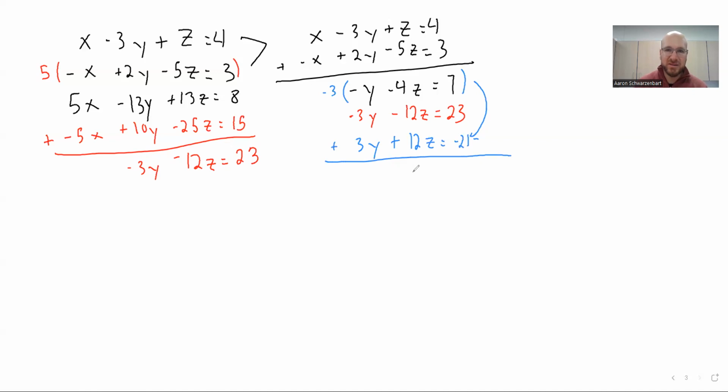When I add these together, I get 0 on the left side and 2 on the right side. This is not true. Anytime I'm doing elimination or substitution for that matter, and my variables cancel out, if I get something that just isn't true, and I say that's false, then I know I have no solutions.